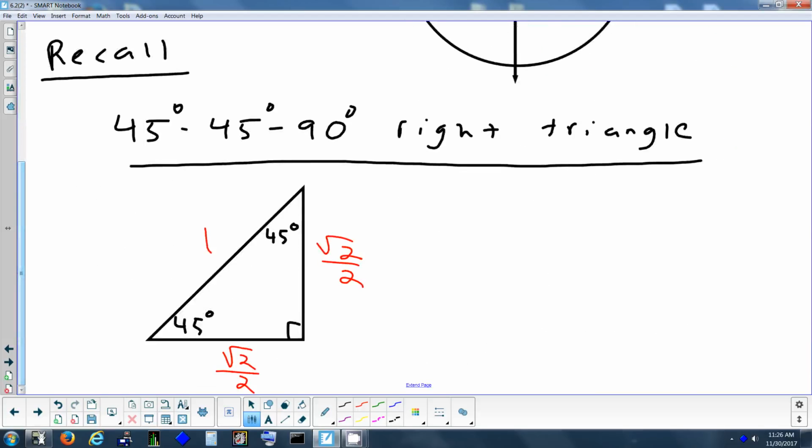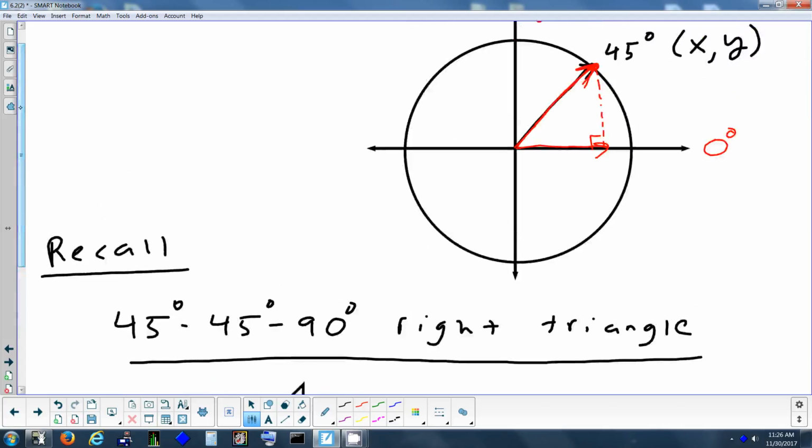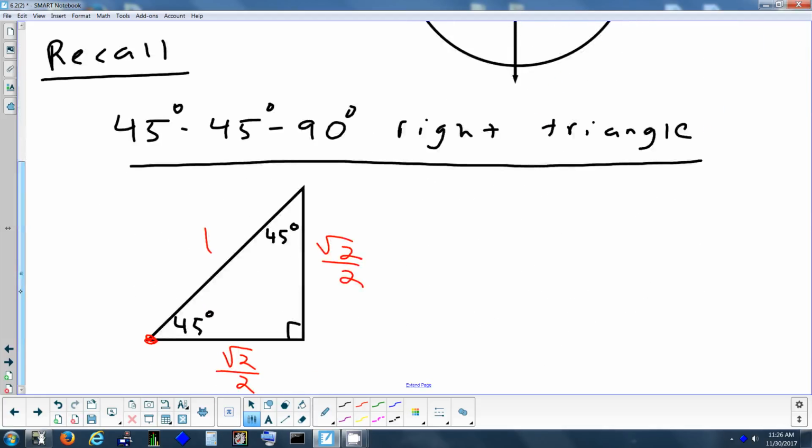If you want to check it, just do the Pythagorean Theorem on it. Type that into your calculator and square it. Type that into your calculator and square it. Add them up and take the square root, and you will get 1. Okay, it works. So, this point right there is like this point right there.